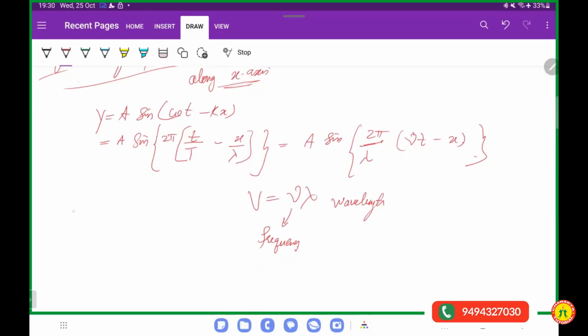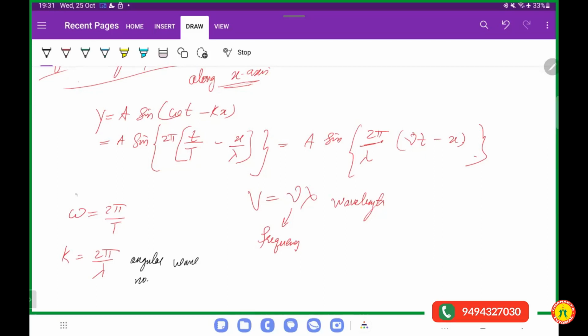Then omega also, 2 pi by T, and k is 2 pi by lambda. What are these things? This is the angular wave number.